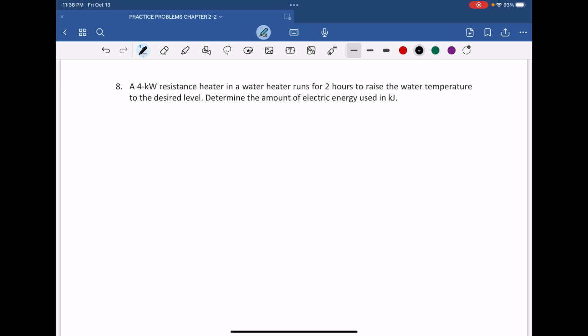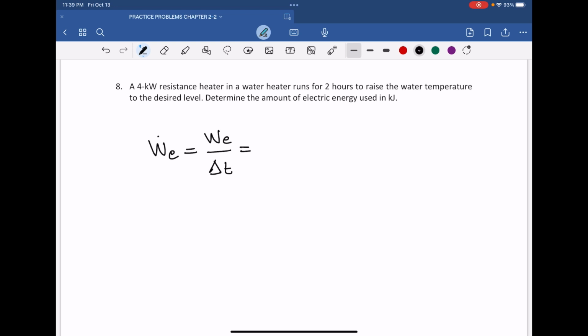A 4 kilowatts resistance heater in a water heater runs for 2 hours to raise the temperature of the water to the desired level. Determine the amount of energy used in kilojoules. When they give us power and the time, I always remember the equation for electric power is electric work over time.